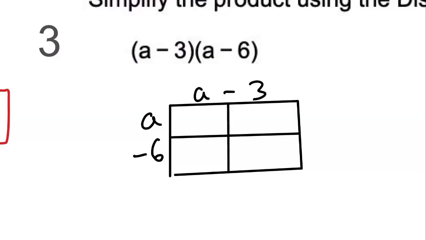The only thing you have to do is multiply as you go through the intersections. For example, this little box right here is a times a, which is what? A squared. No, we put the squares in math.